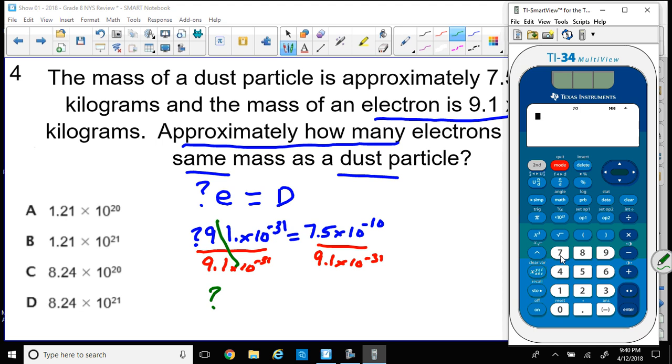So all you got to do is just type it in now. So 7.5, and before I type it in, let me just put a parenthesis around here because I have a fraction with a lot of stuff going on here.